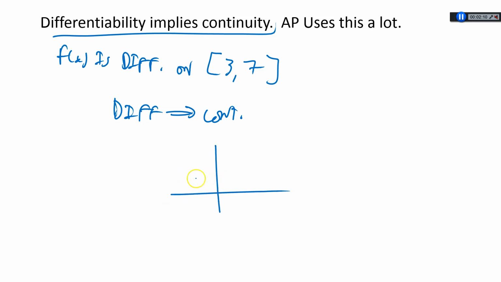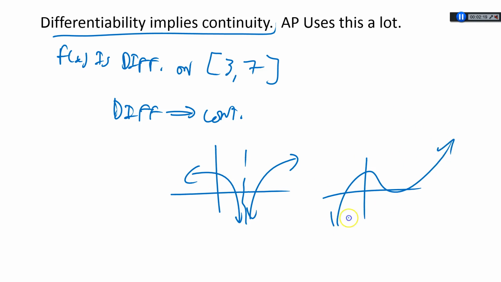If you have a function that's not continuous, like if you have an asymptote, it's not going to be differentiable all the way through that point. But if you have a smooth curve, like at this point, it's definitely differentiable. Any point here, you could find a tangent line. So anytime you're differentiable, it's for sure going to have to be continuous.